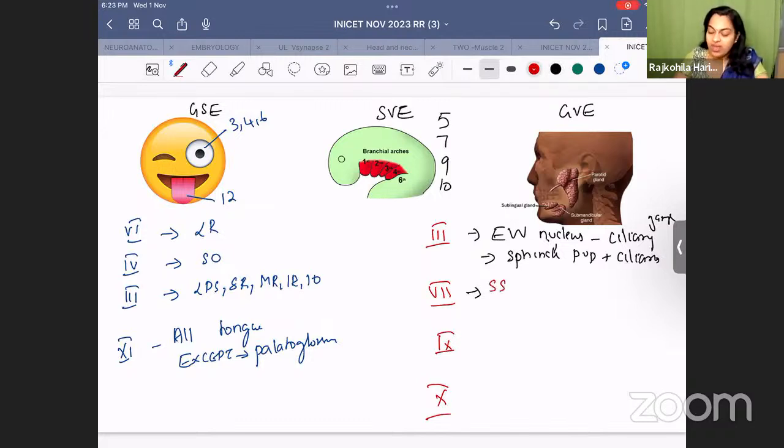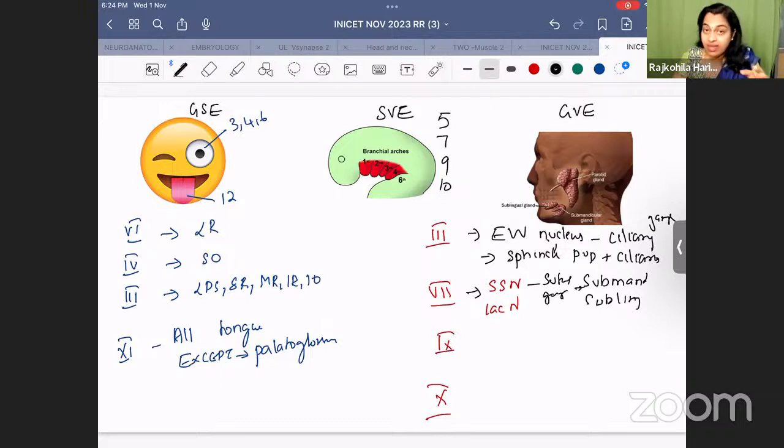Okay. And parasympathetic nucleus of the 7th cranial nerve, 2. What are they? Superior salivatory nucleus and lacrimatory nucleus. The superior salivatory nucleus is going to innervate the submandibular and sublingual glands through the submandibular ganglion, right?